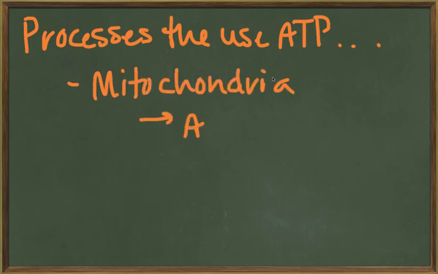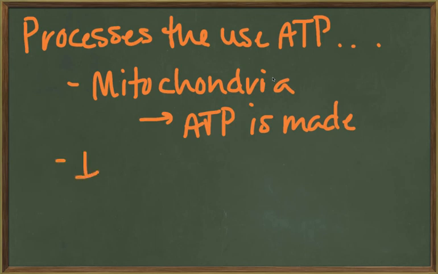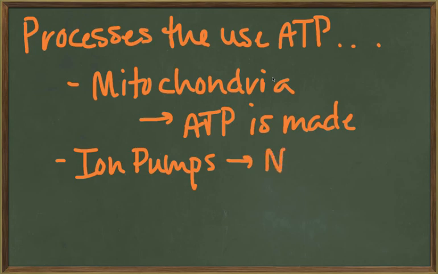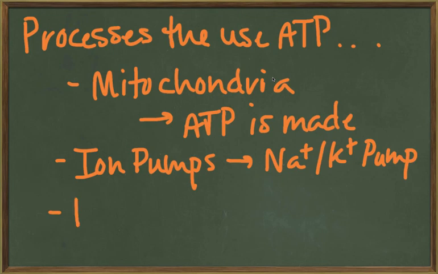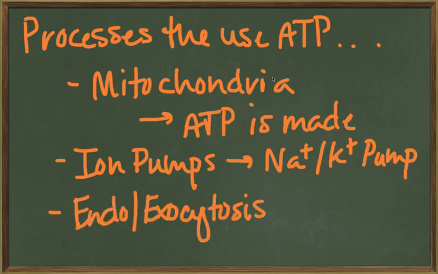This is where ATP is made, and you will actually learn in this unit how it's made at the mitochondria. We also talked about ion pumps. Those need ATP, and specifically we talked about the sodium potassium pump. We also talked about endo and exocytosis, which also has to use ATP in order for a cell to take in the things that it needs and to get rid of waste and things that it doesn't need.